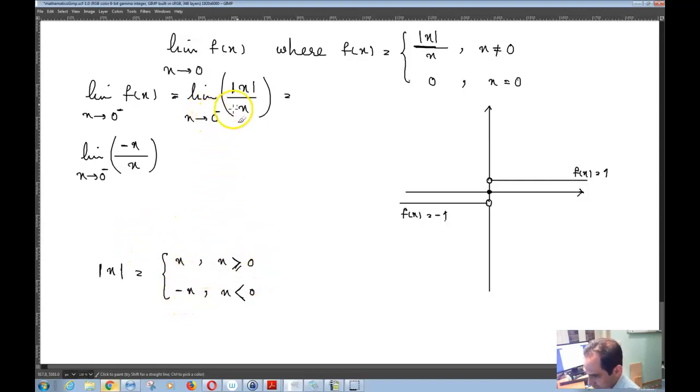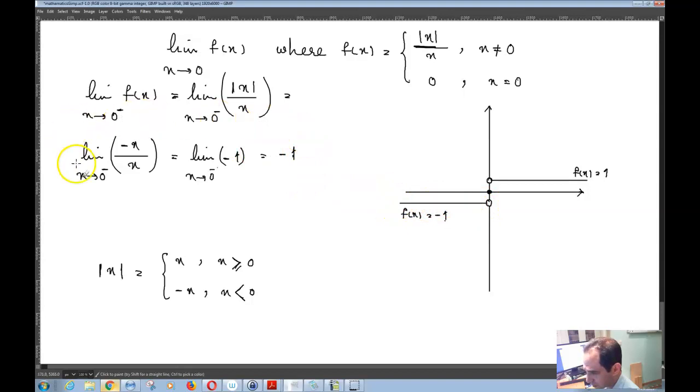So since over here the x's that we are examining are less than 0, the absolute value of x becomes negative x, and so this gives me the value of the function for those x's, meaning that it's going to be equal to the limit of, these two will cancel out, the limit of -1 when x tends to 0 from the left, which is equal to -1, which is basically this part over here.